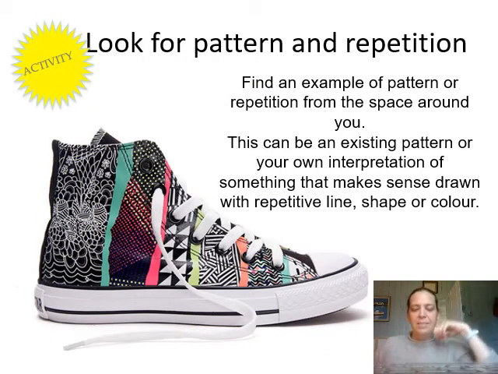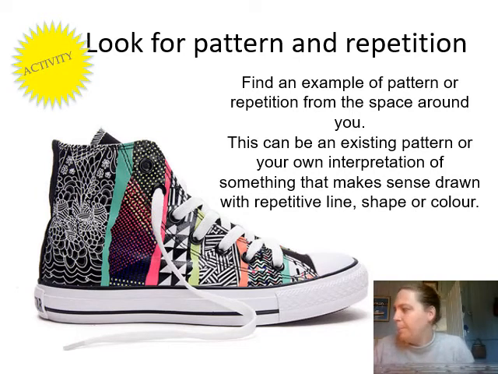Let's stop for an activity. That was a lot of talk. Let's look for pattern and repetition in the space around you. So you can find either an example of a pattern, maybe a shirt or a pillowcase or something that's nearby, and sketch that pattern. Or you can look at your space and interpret something that makes sense drawn as a pattern.